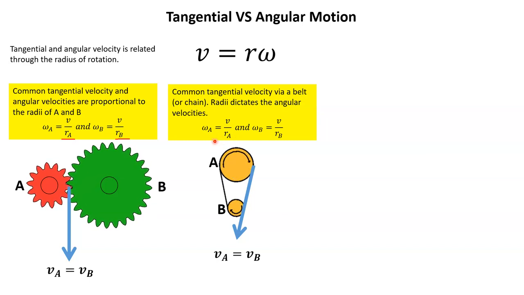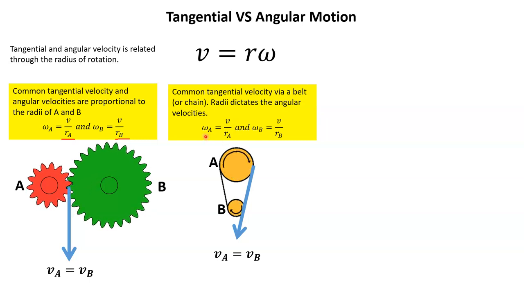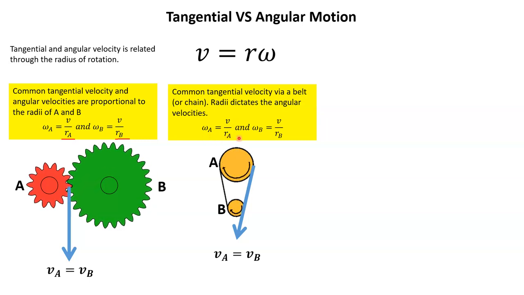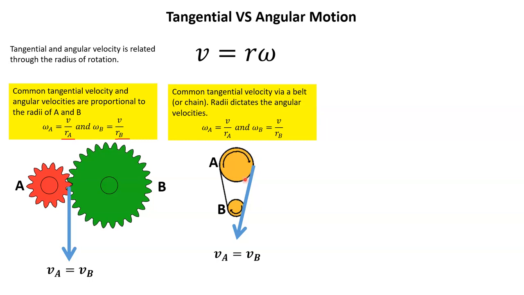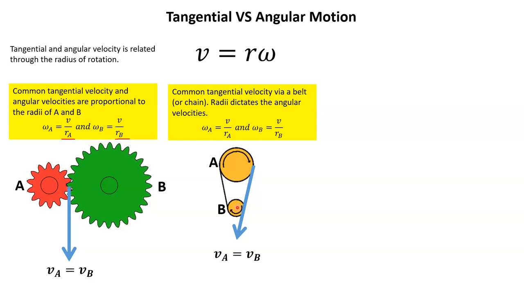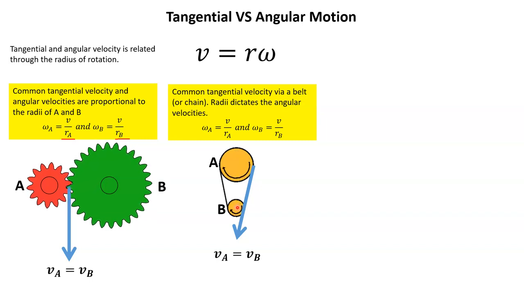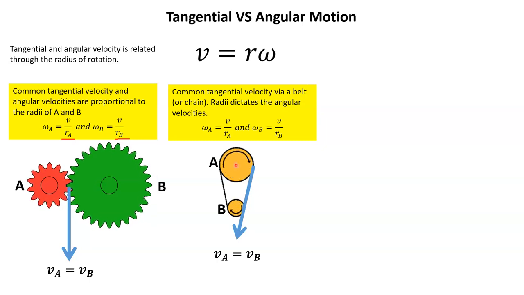And you can see that with the common tangential velocity, the angular velocity is inversely proportional to each respective radius. The same deal applies as this one rotates. The smaller one, pulley B, actually rotates at a higher speed. So if this is the driver, you're going to speed up the system. If this is the driver and this is the output, it'll slow down the system.